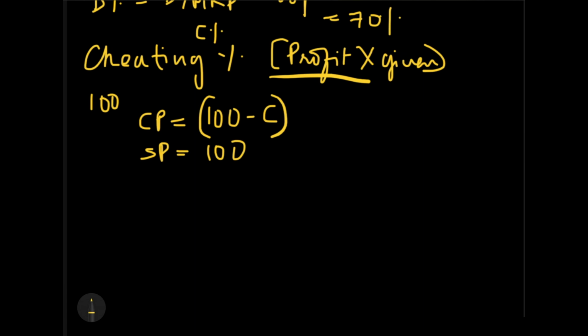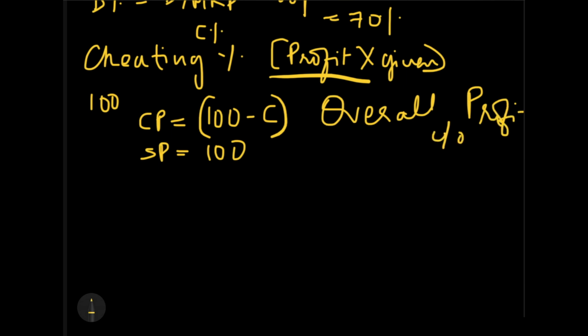Now in this condition, how will you find out the overall profit of the person or the shopkeeper? So let me write down the overall profit percentage, of course, would be equal to the cheating percentage C divided by the CP, which is 100 minus C, into 100.